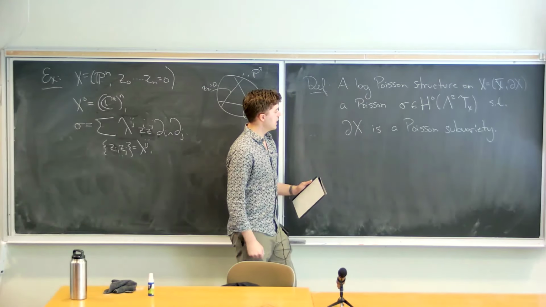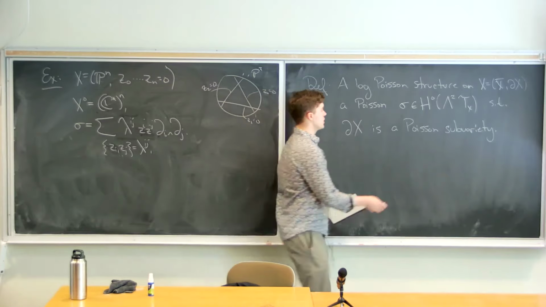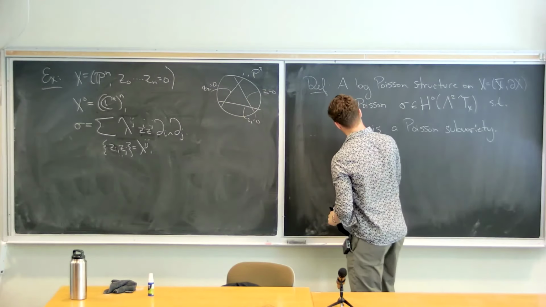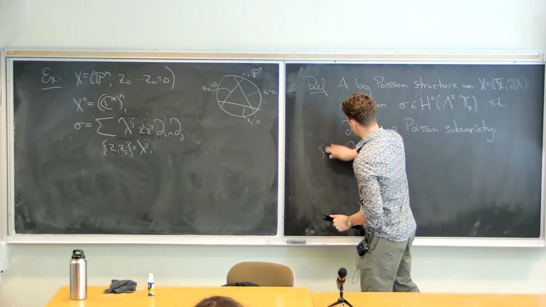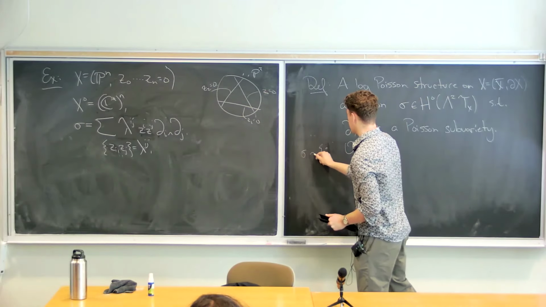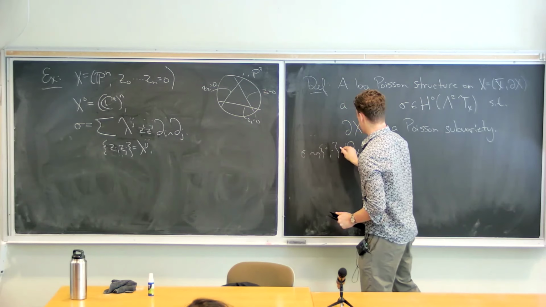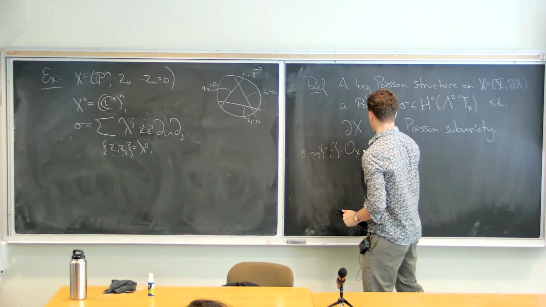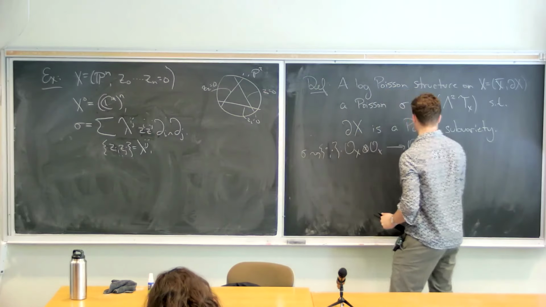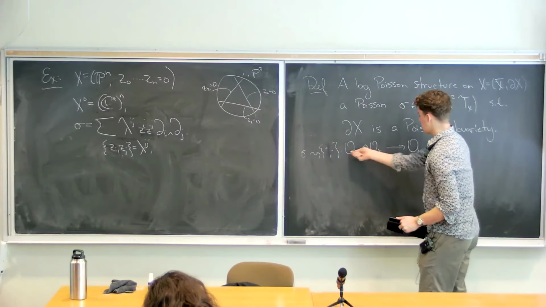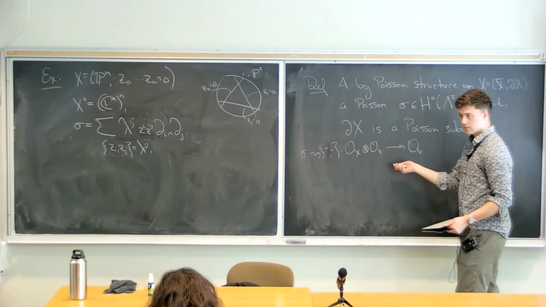And so this gives O_X, like I now have a Lie bracket. So sigma is going to give me some Lie bracket from O_X times O_X to O_X, and it's going to turn this into a sheaf of Lie algebras.